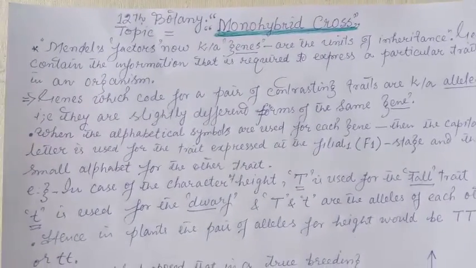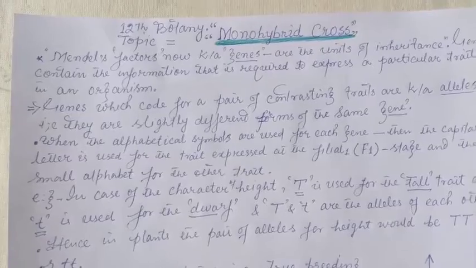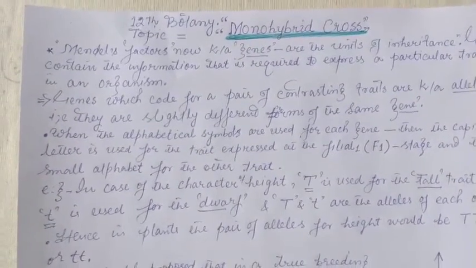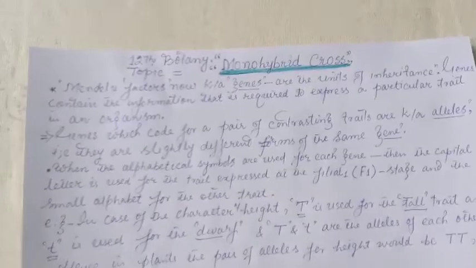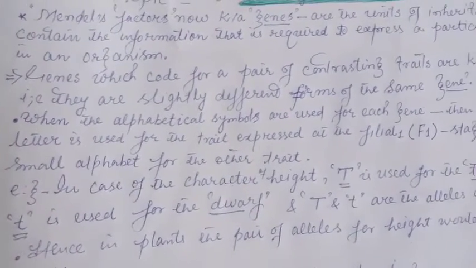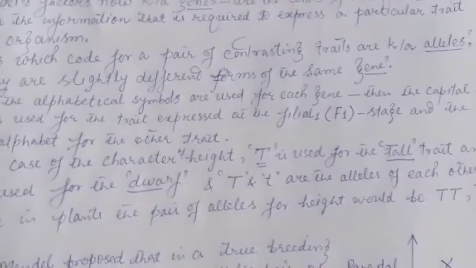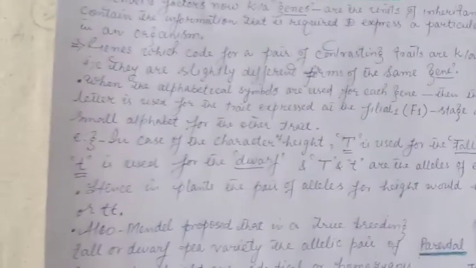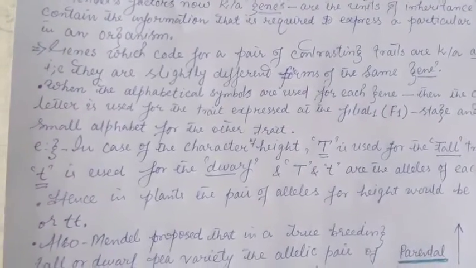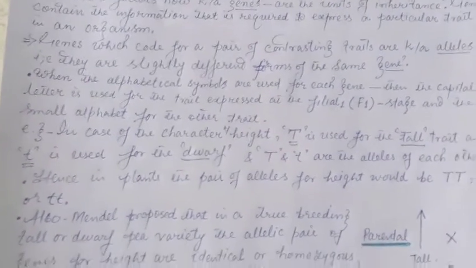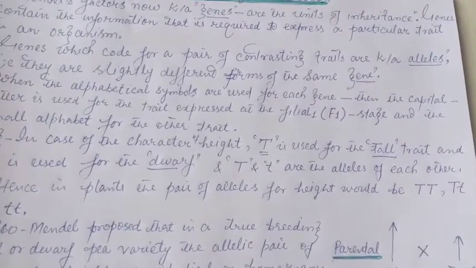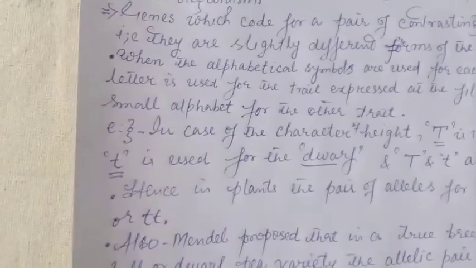When we take the height character into consideration, capital T is used for the tall trait and small t is used for the dwarf, and capital T and small t are the alleles of each other. Hence, in plants, the pair of alleles for height would be capital T capital T, capital T small t, or small t small t.